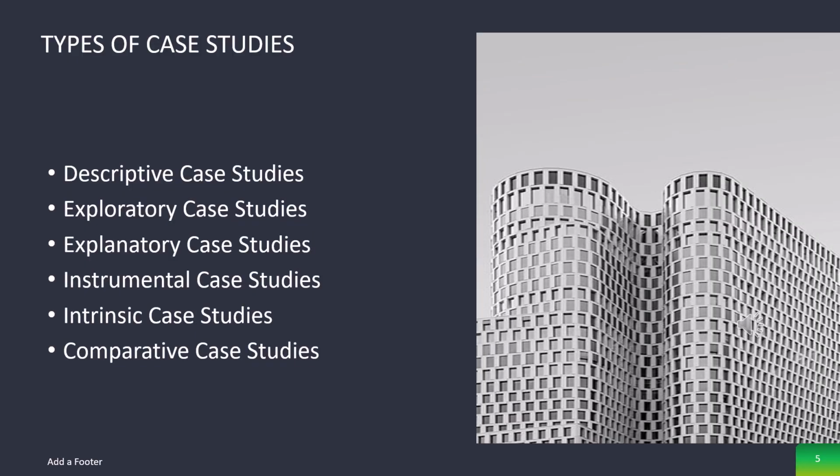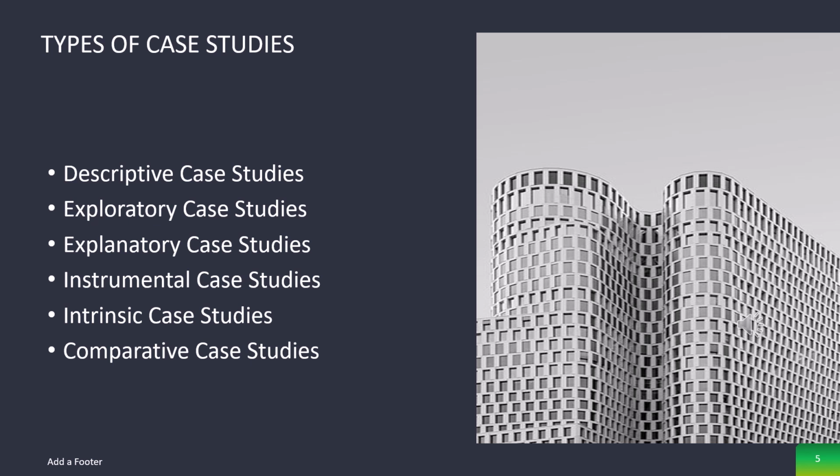We also have different types of case studies. Let's discuss briefly one by one. First is the descriptive case study. This provides a detailed description of a particular phenomenon, event, or situation. They aim to provide an in-depth understanding of a subject matter without necessarily seeking to establish causal relationships.